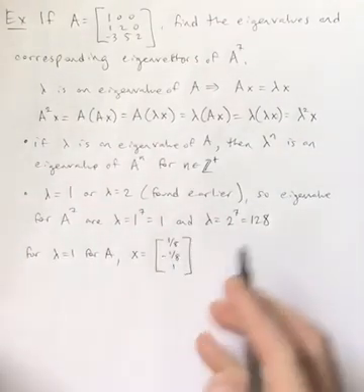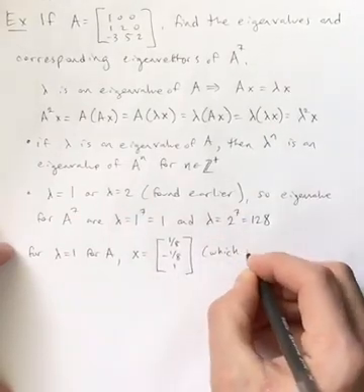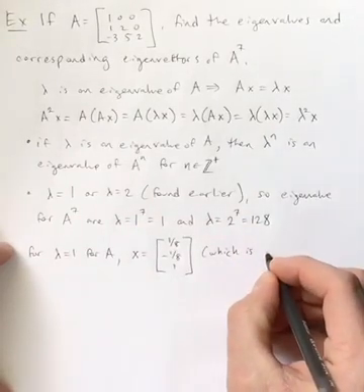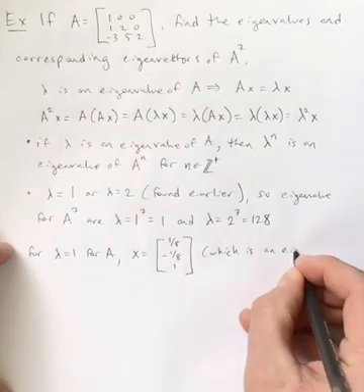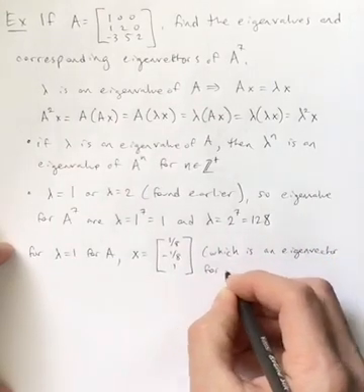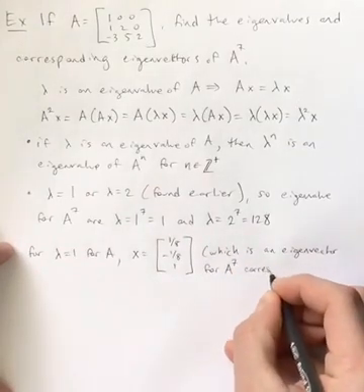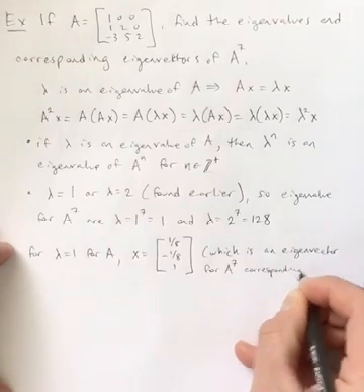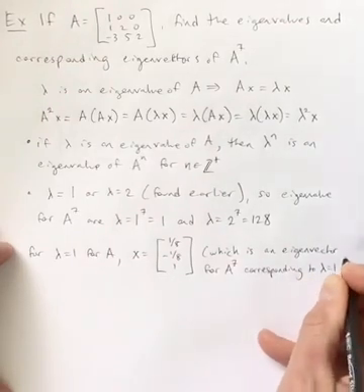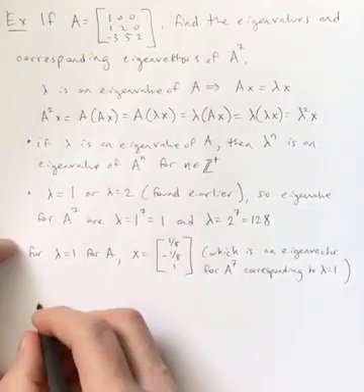So if that's an eigenvector for A, we could say this is an eigenvector for A to the seventh corresponding to lambda equals 1. And again, this is the lambda equals 1 that we just said earlier.